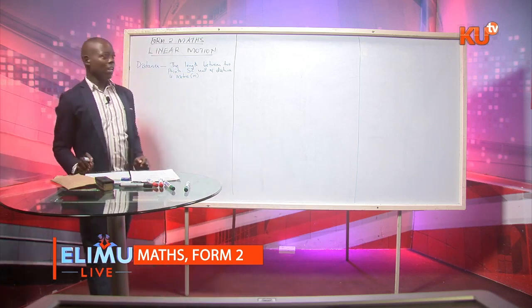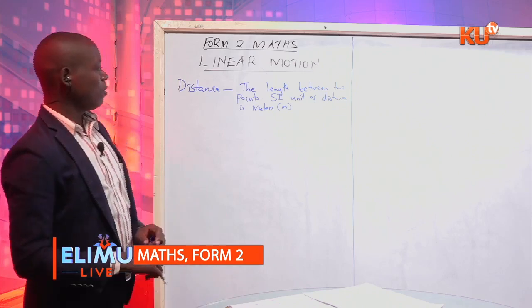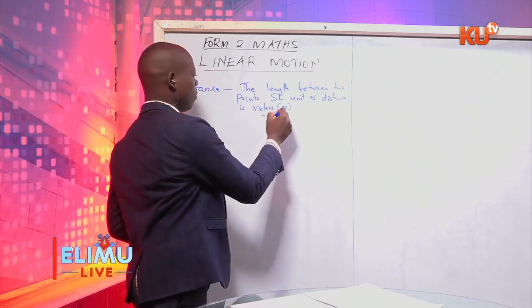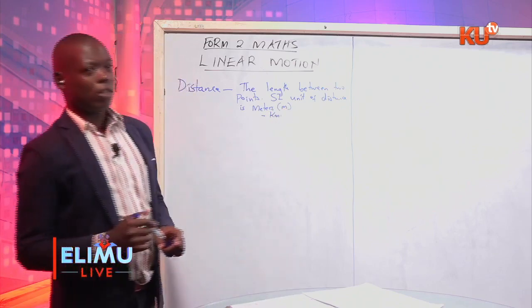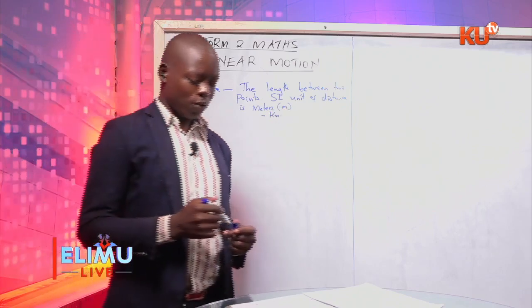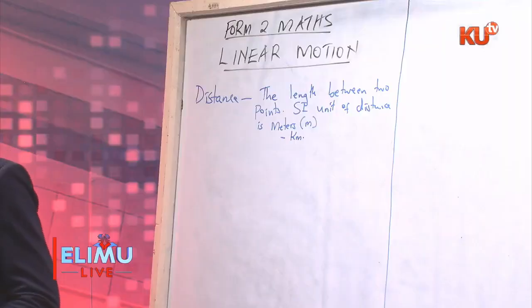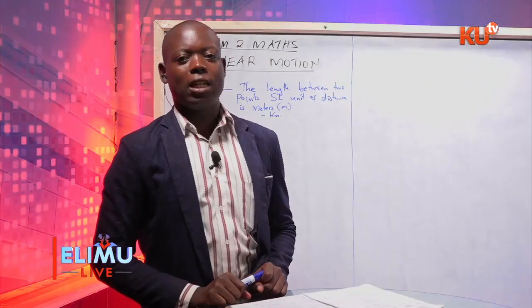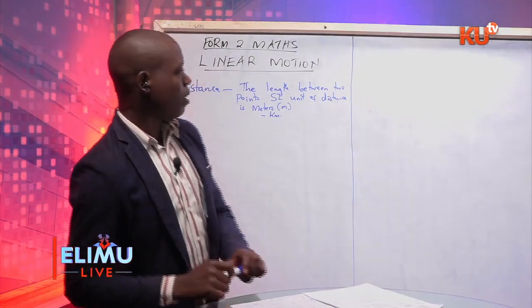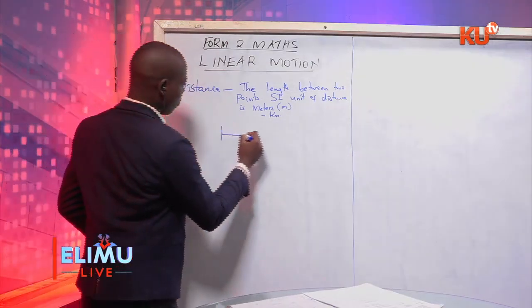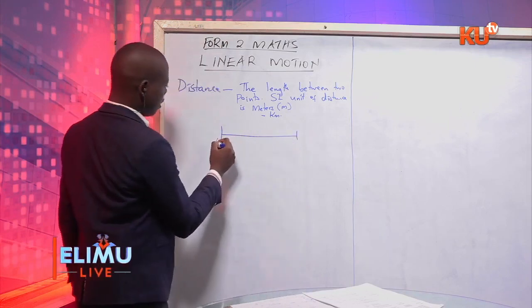However, we'll realize that we not only use meters, but we also go to the extent of using kilometers. So in most of the calculation under linear motion, we might use kilometers, yes, but the SI unit for distance is meters.